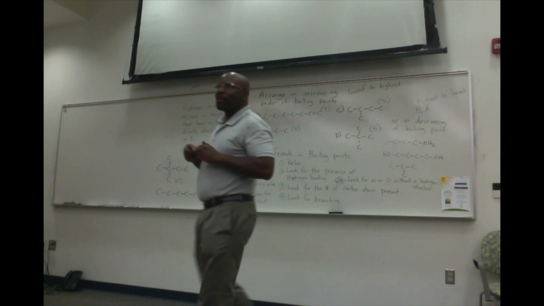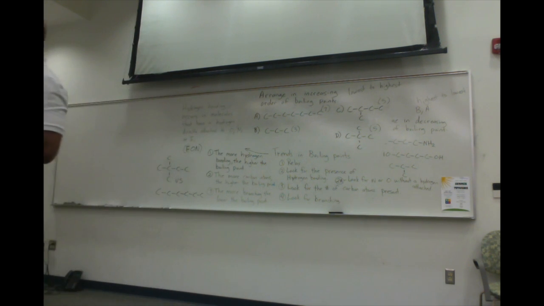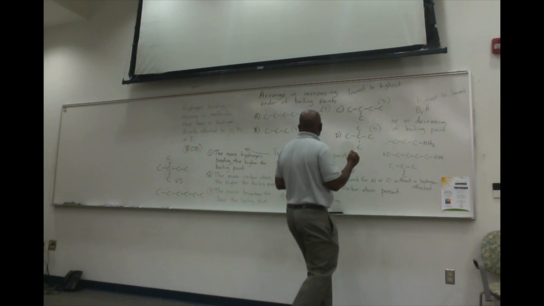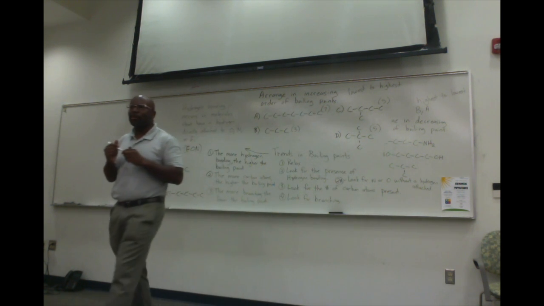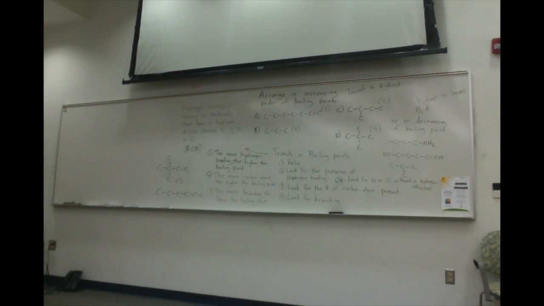The greater the number of carbon atoms, the higher the boiling point. The one with the highest boiling point would be A. The one with the lowest boiling point would be D. All right, not D. The lowest boiling point would be B. B has 3 carbon atoms.